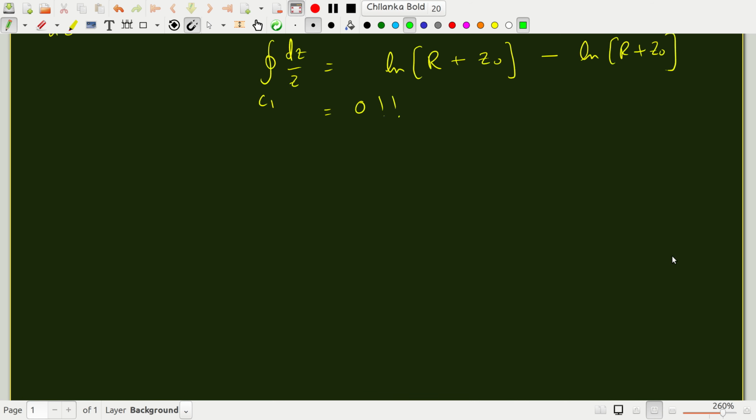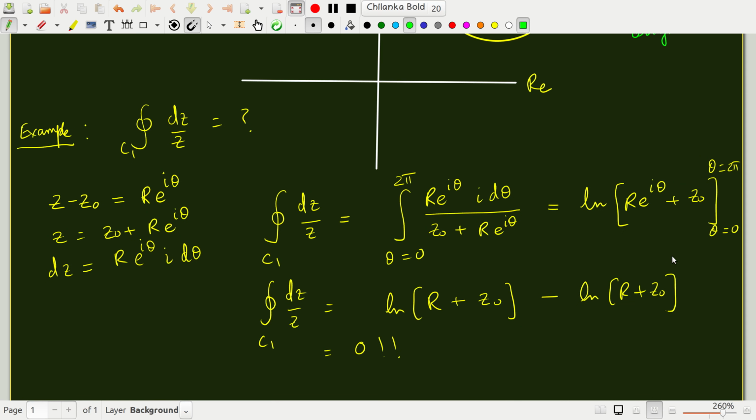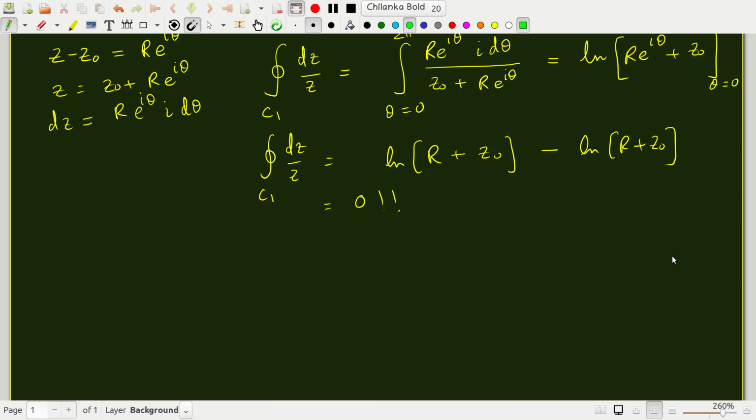So you can also derive the previous result if z0 is 0. If z0 were 0, then you have to evaluate ln of r e to the i theta between 0 and 2 pi.